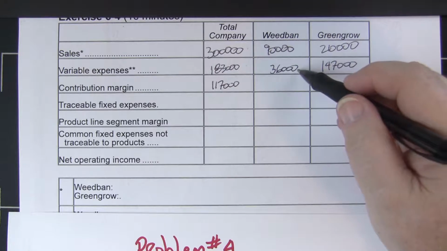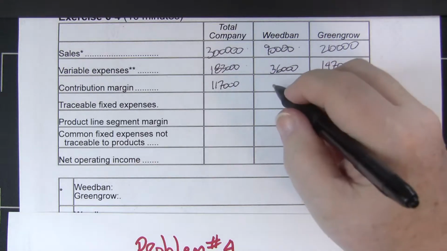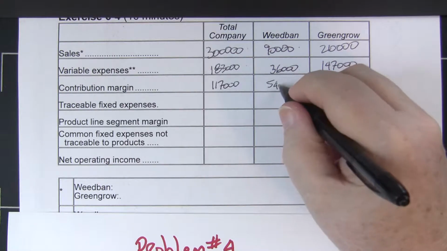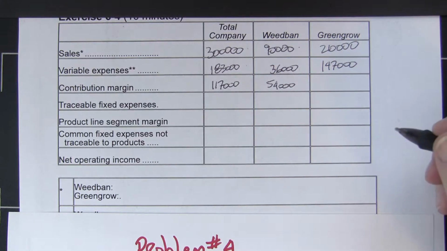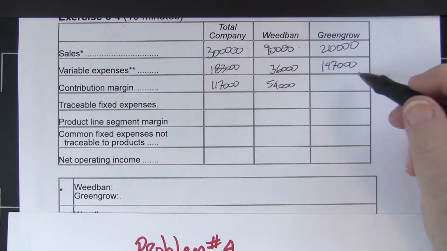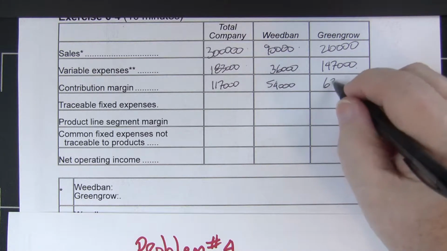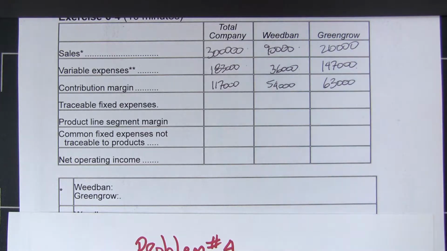Weed Ban has $36,000 of variable expenses, $90,000 worth of sales. That gives them a contribution margin of $54,000. Green Grow has $210,000 worth of sales, $147,000 in variable expenses. That gives them a contribution margin of $63,000.